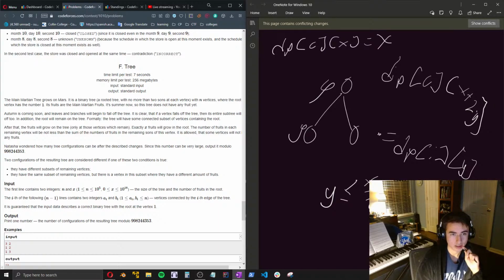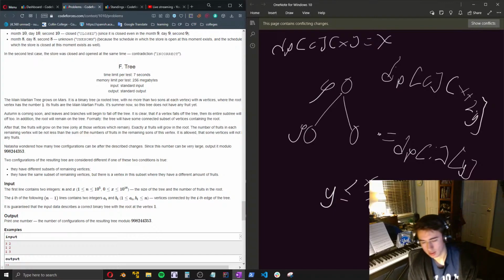Oh, another thing is we know the tree's a binary tree. Right, it gives us that. Alright, we know the tree is a binary tree. That just makes transitions easier if we were to do this.